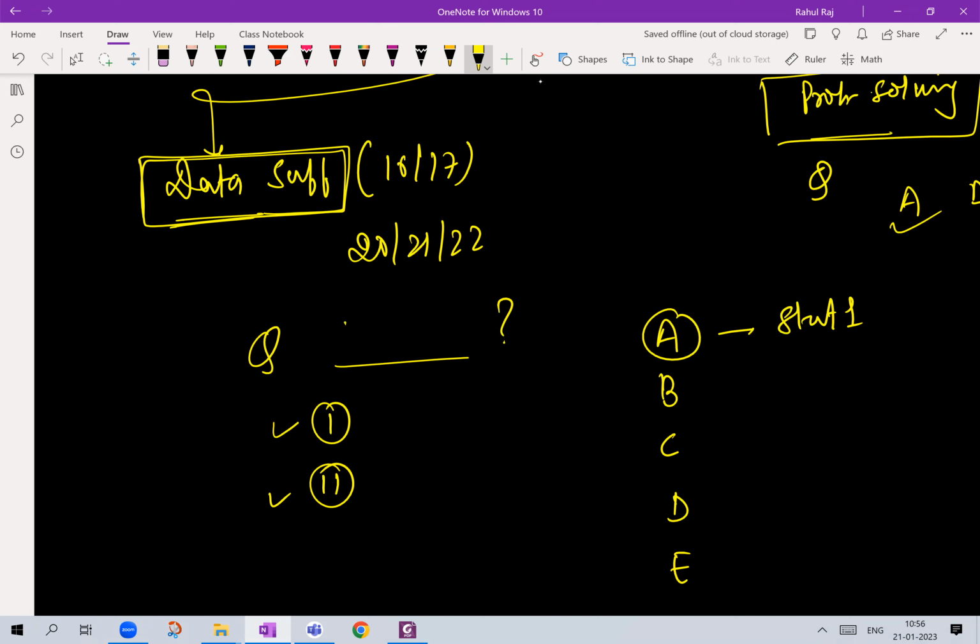Here you are not trying to essentially solve the question. You are trying to say whether you will be able to solve this question with the help of the statements or not. If this question can be solved with statement number 1, you will mark A as the answer. Sometimes it might happen that the question cannot be solved with statement number 1. You will have to go to statement number 2.